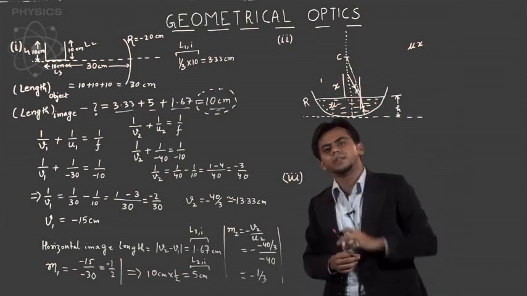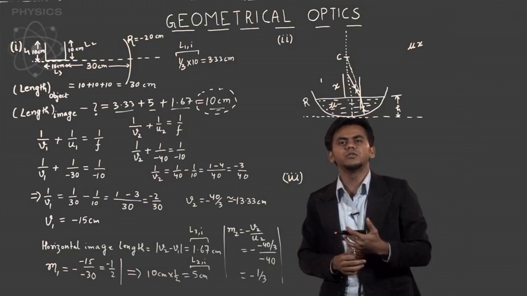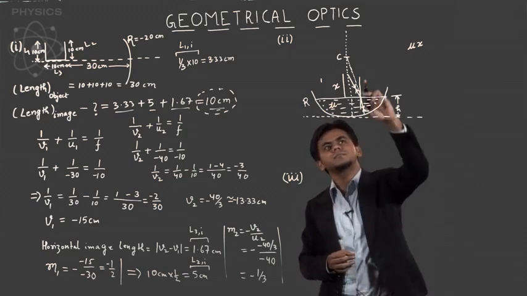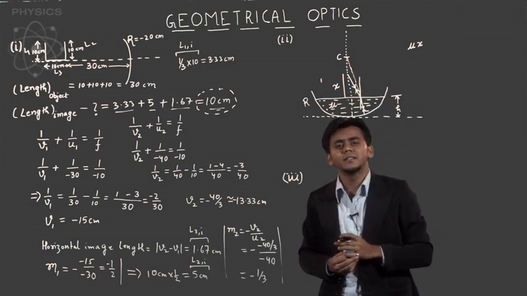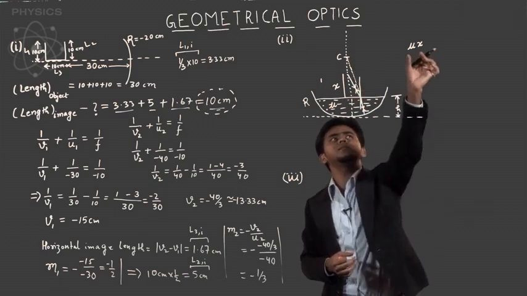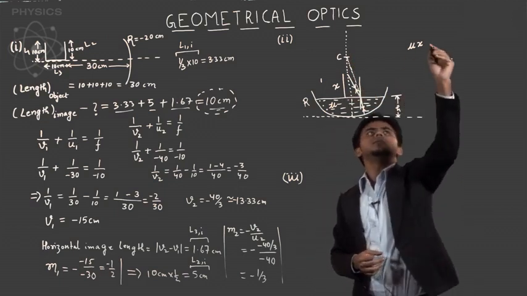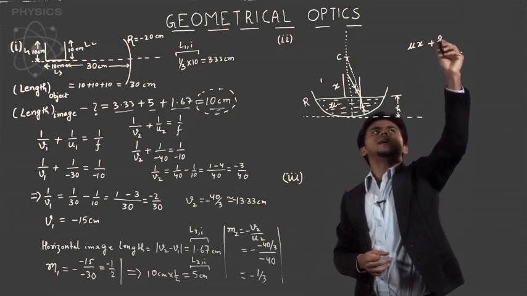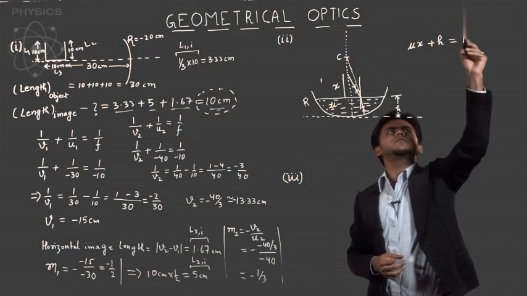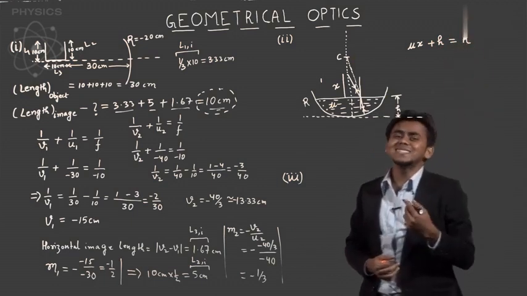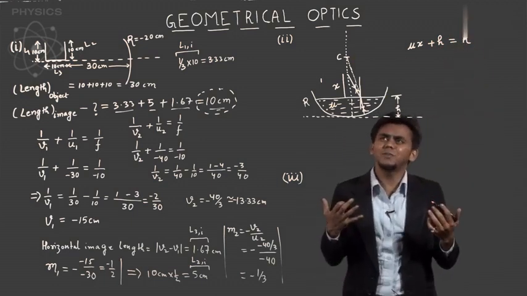This is x, right? So afterwards, what will happen is, I'll not see x as my height, but mu x as my height, right? If mu x is perceived, this is h, mu x plus h should be the radius of curvature of this concave mirror. Only in that situation, I'll have a retracing of path.